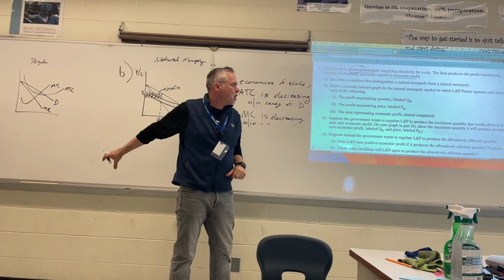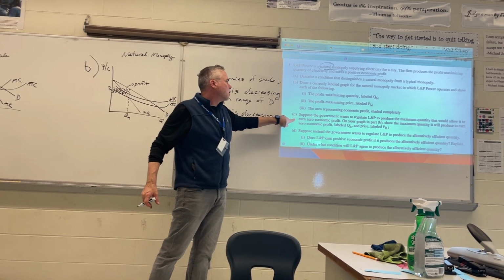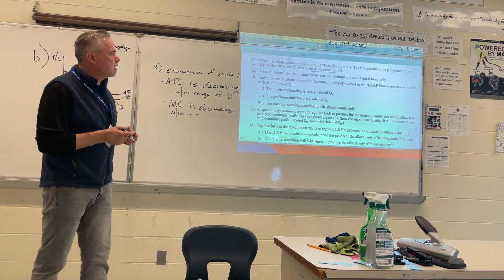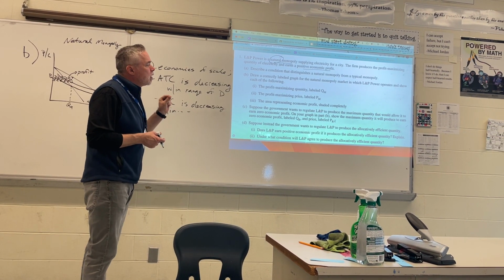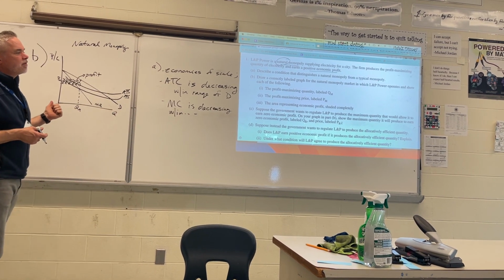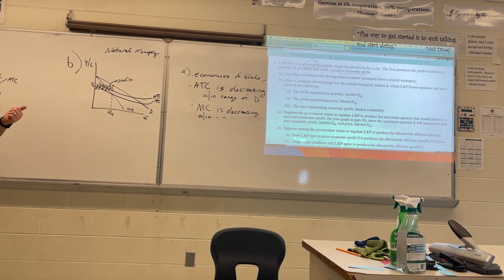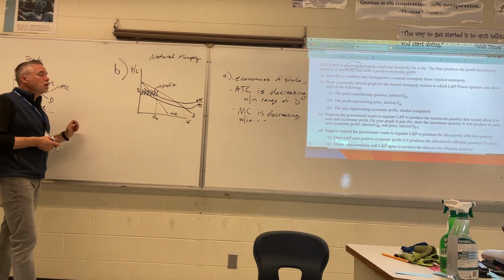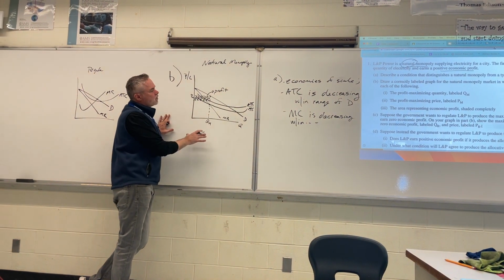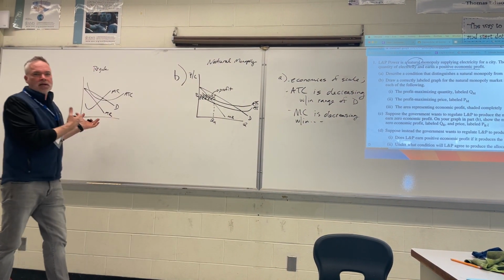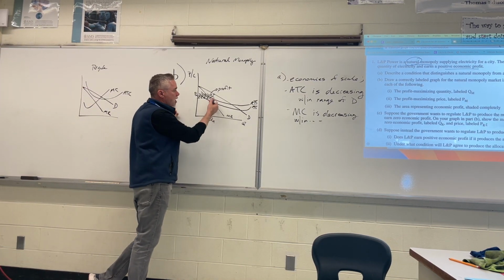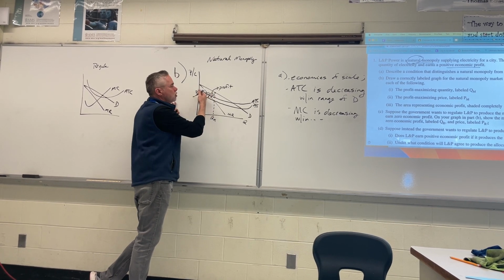We did the graph already, so now let's jump down to C. The government wants to regulate L&P to produce the maximum quantity that will allow it to earn zero economic profit. So here you want to go back to your graph and show where the quantity and the price are where this firm would have zero economic profit. Parts of this didn't matter. Say you drew it incorrectly like the regular monopoly, you would still get some points here, as long as you identified the right profit maximizing quantity and showed the profit box.